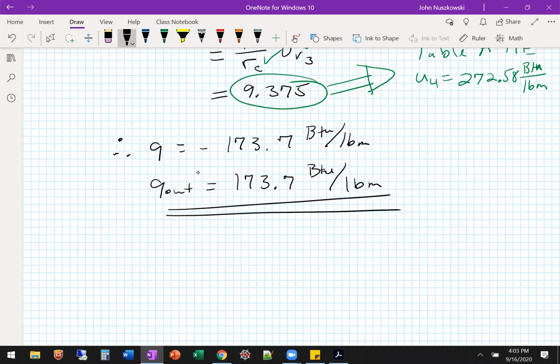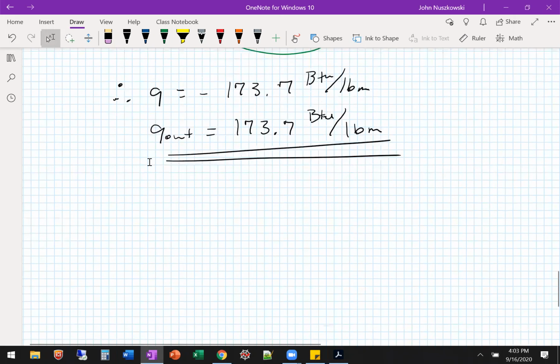Okay. Because the subscript out tells us the direction then. All right. What is next?